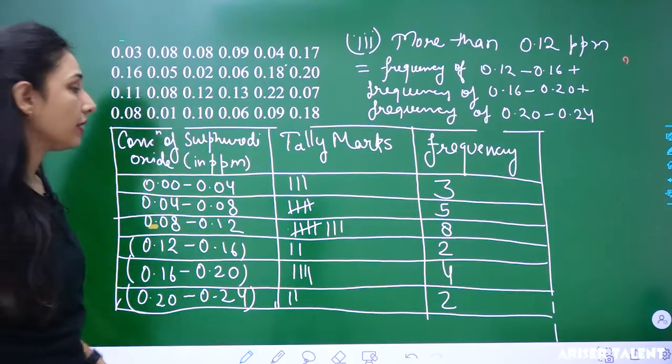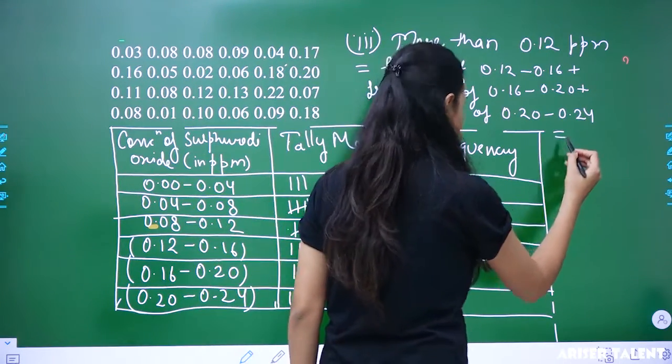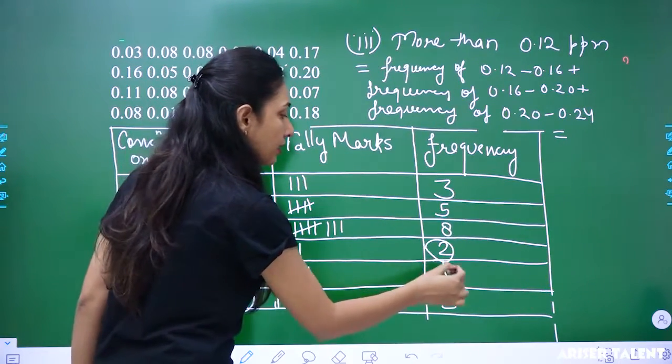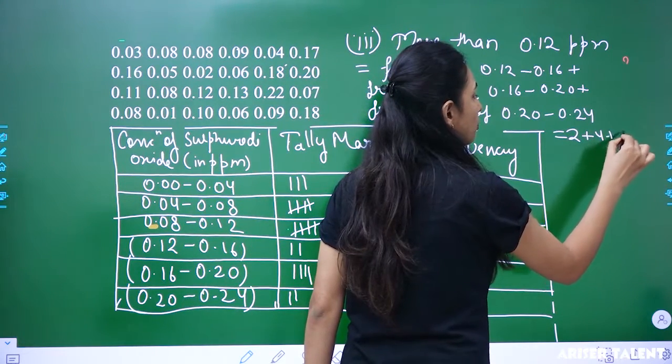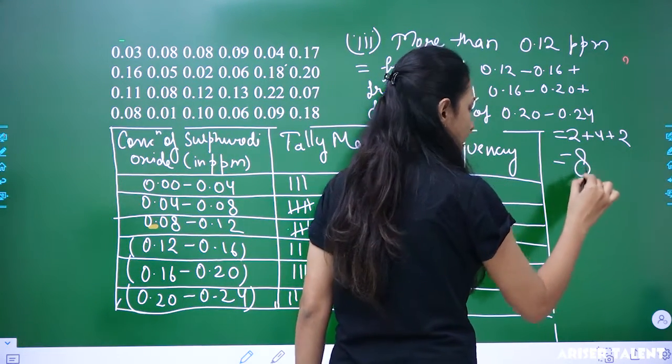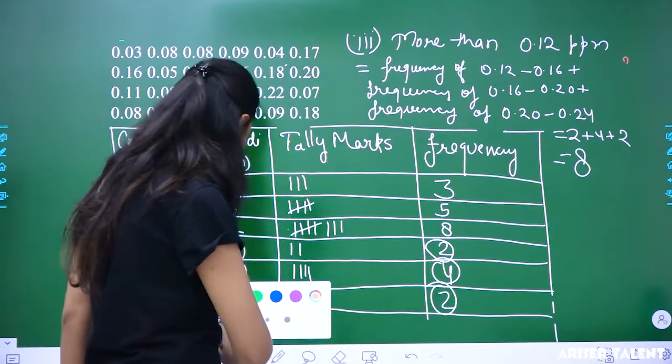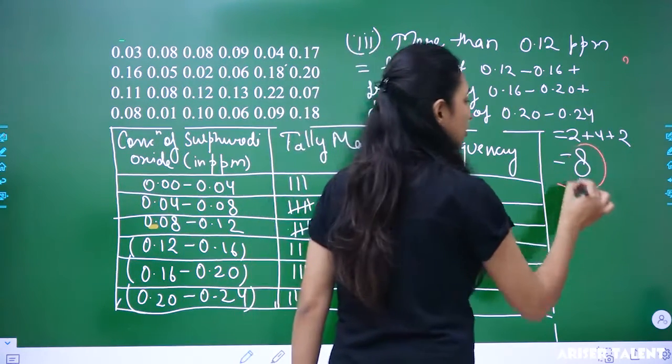These three are going to be equal to 2, 4, and 2. So 2 plus 4 plus 2 is 8, and this 8 is going to be your answer.